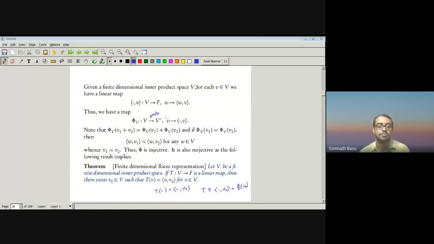So in fact, I'm going to tell you how to compute this v0. If I give you a T, how to compute the v0. The proof of this theorem is literally going to be an explicit one, in the sense that given this T, you actually construct a v0 and then you check that T is the inner product with v0. You can also prove that Phi is an isomorphism and hence claim that this Riesz representation is true by rank nullity.